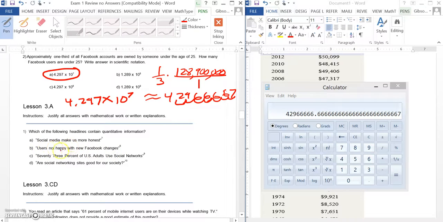So A and B have nothing to do with quantitative data. There are no numbers involved here. Now C, 73% of U.S. adults use social networks, and D, all social networking sites good for our society. So our final answer will have to be C, because this is something we can quantify.